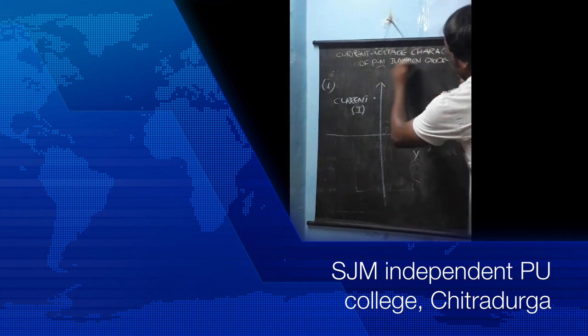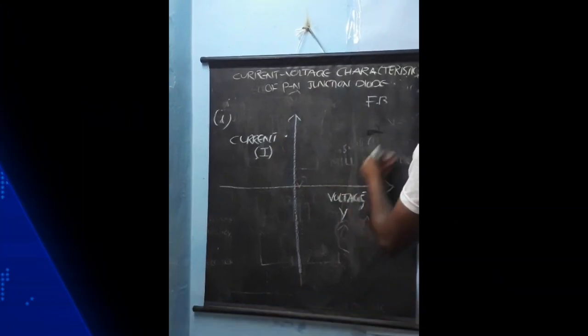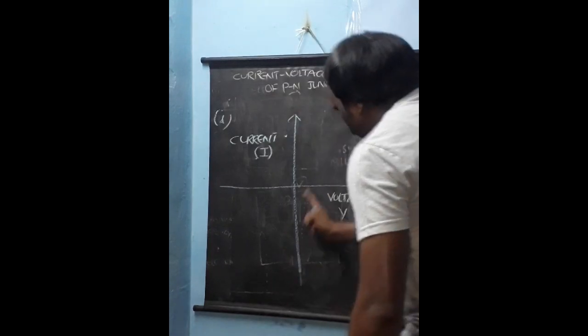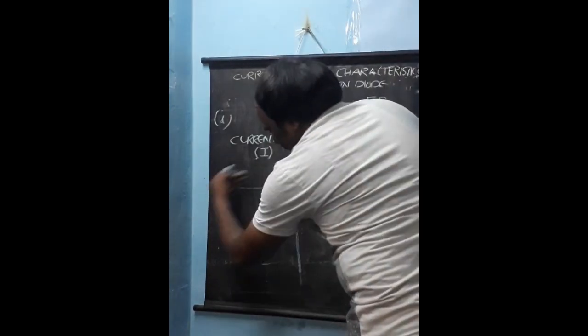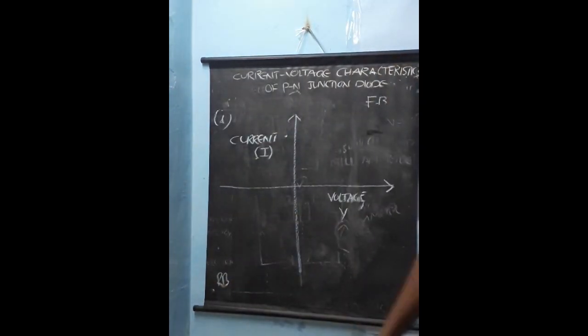So this region indicates forward bias. The first quadrant indicates forward bias, then second quadrant, third quadrant, fourth quadrant. So the first quadrant indicates forward bias and the third quadrant indicates reverse bias.